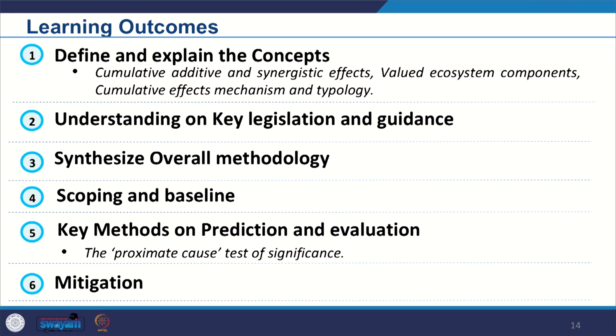You should be able to synthesize the overall methodology which is involved and then identify key steps which one should take in scoping and baseline assessments, and similarly you should be able to identify key methods used in prediction and evaluation and identify approaches used for mitigation purposes. So those are the learning outcomes expected from you after you complete this particular session.